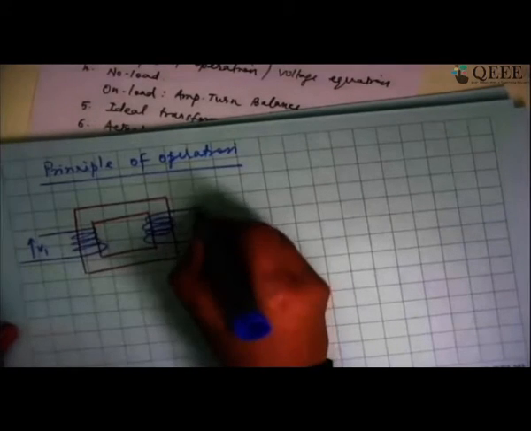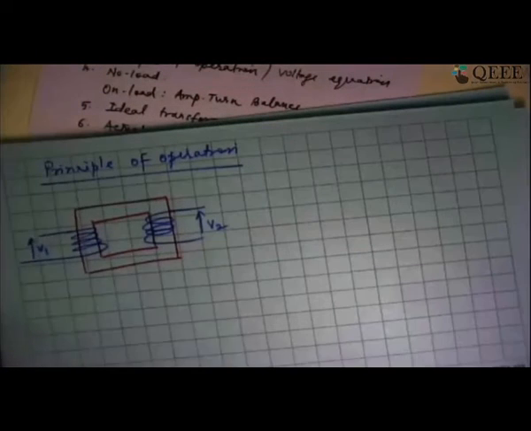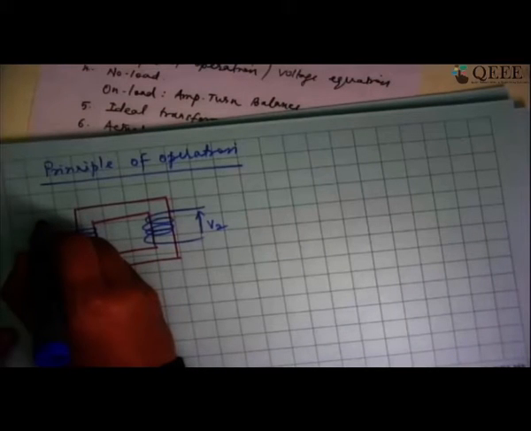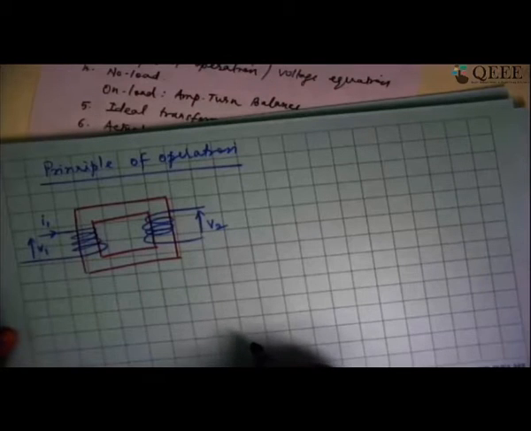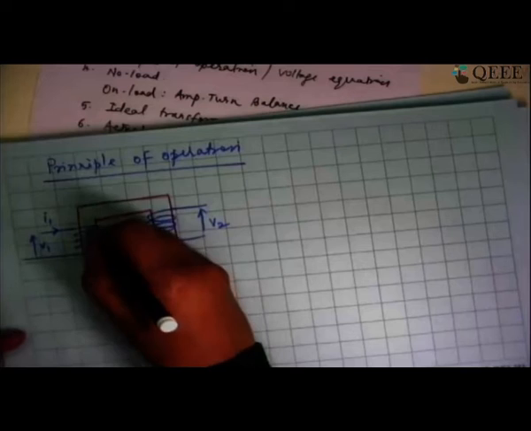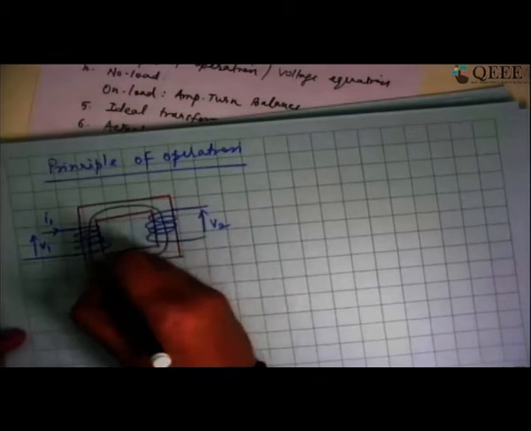I am going to have the secondary winding here, and I have to measure how much voltage is coming out as output. Due to the applied voltage V1, this will draw a current, maybe I1. Now this current is going to set up a flux in the core.